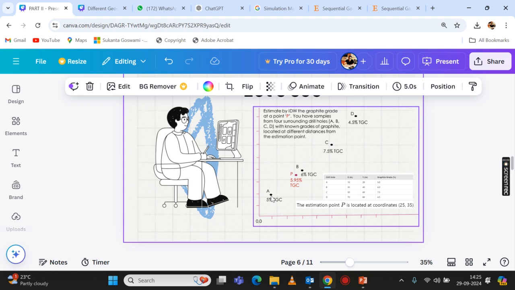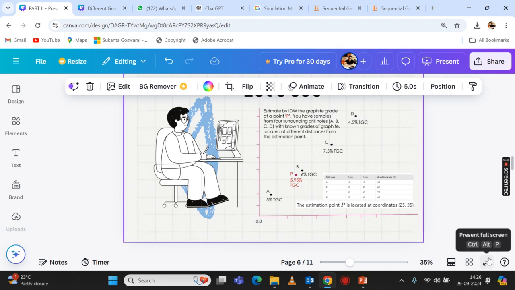Whereas it is away from point A, which is having 5% TGC, from A to B there is 1% TGC enhancement. So P is situated between A and B, but nearby B, so its TGC value will be closer to that of B. And weightage from C and D also is given.